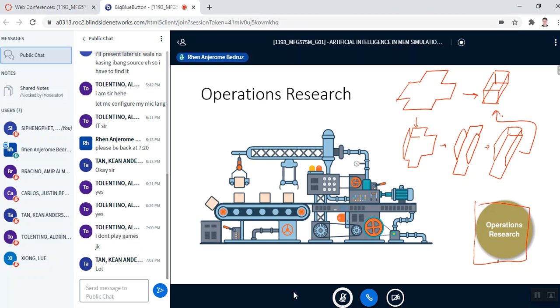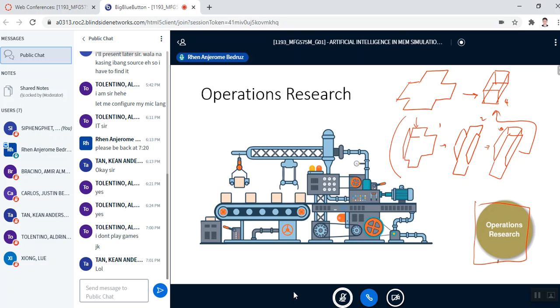But the problem with that is that it takes one, two, three, four steps for that cardboard to become a box. So operations research is about optimizing this process.